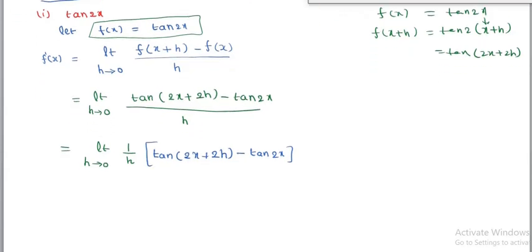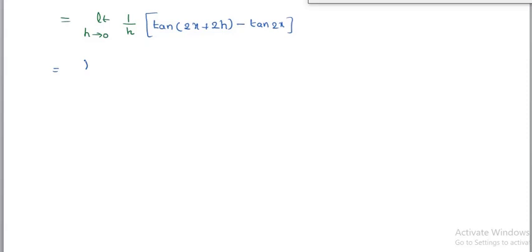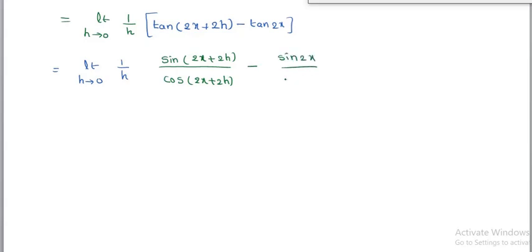Next line. So tan is written as sin by cos. Limit h tends to 0, 1 by h. So sin (2x plus 2h) by cos (2x plus 2h) minus sin 2x by cos 2x. So write cross multiplication. Limit h tends to 0, 1 by h.